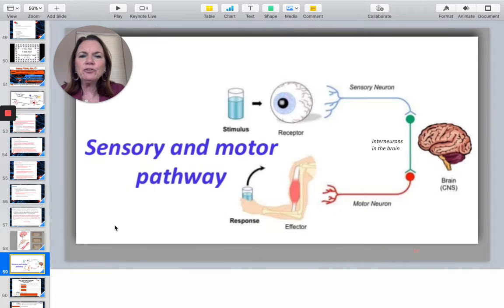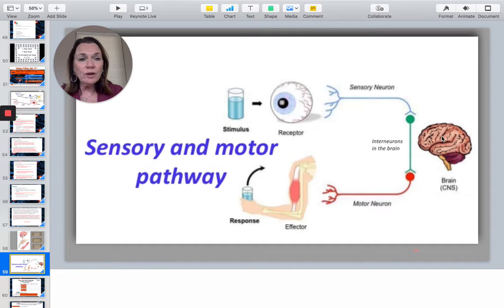Here's another, more simplified. Let's say the stimulus was you see a glass of water, and the receptors in your eyes are stimulated by the sight of that water. Those receptors in your eye are going to start the impulse. And once again, sensory neurons are going to take that impulse to the interneurons in the brain.